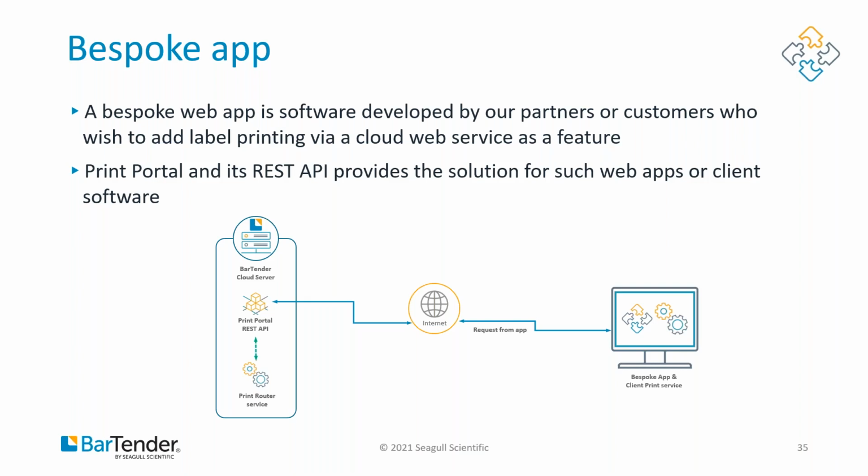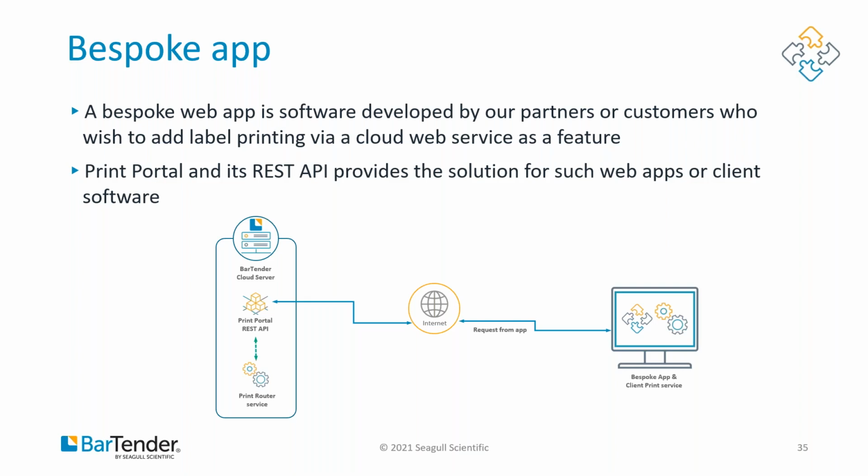It's picked up by Print Portal and its support for the REST API, produces a print job on the server, and then using the print router service, it can transport that print job back down to the client side where the client print service is also running. So it allows system integrators, for example, to produce software that performs certain functions.